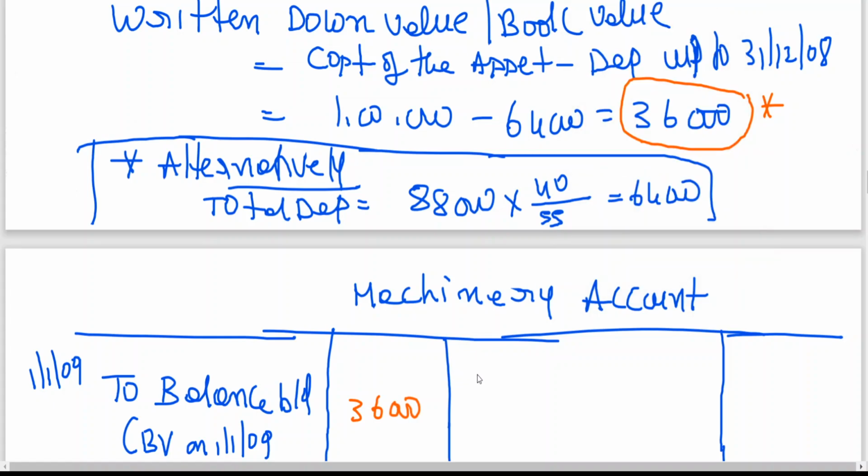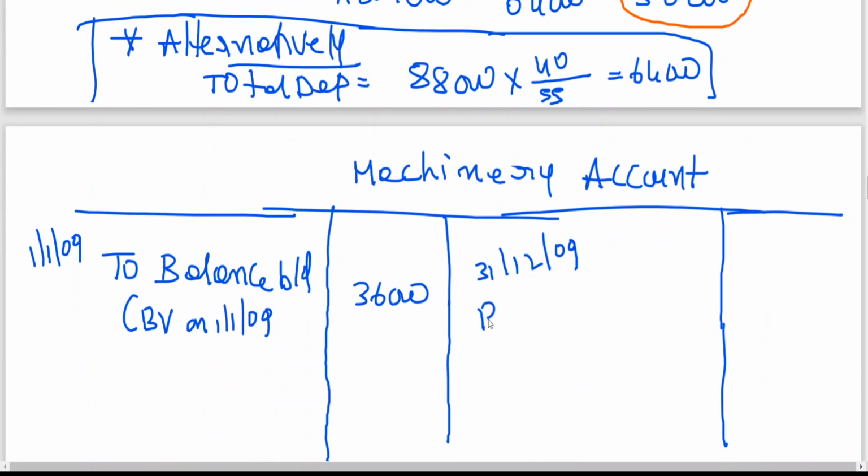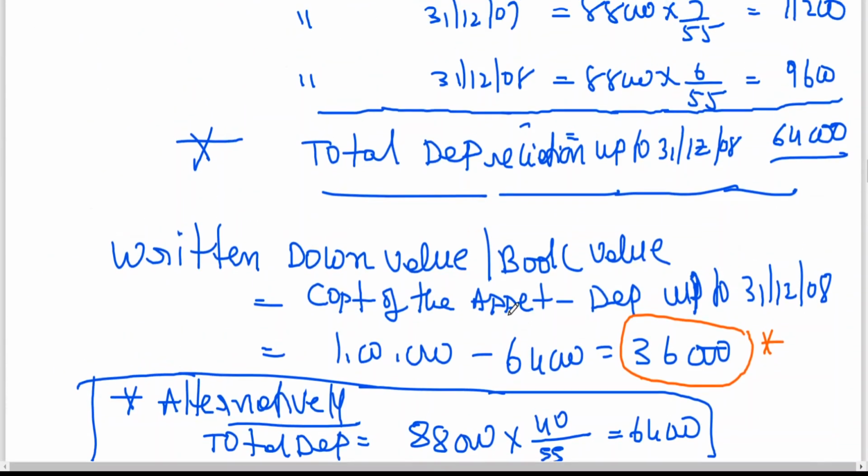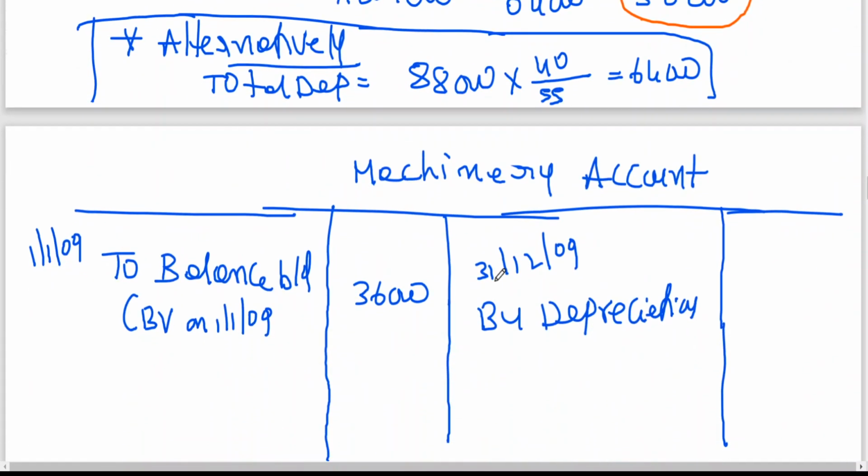Now 31st December 2009. I have to calculate depreciation. Previously I had written, then I cancelled. Come on. How to calculate? The depreciable amount is how much every year you should take? 88,000.